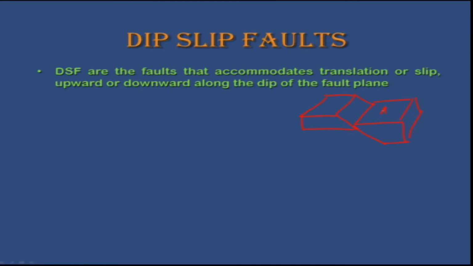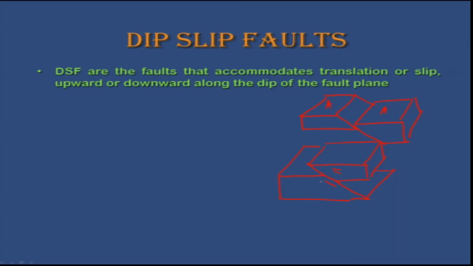This is A, this is A. So one is this one. Another one, if you look at, for example, we have a block here, and here what you see is that this block has moved up with respect to this one.